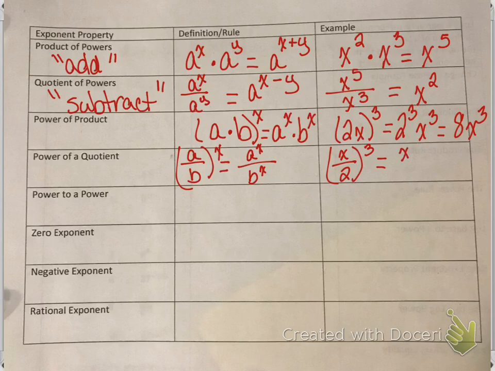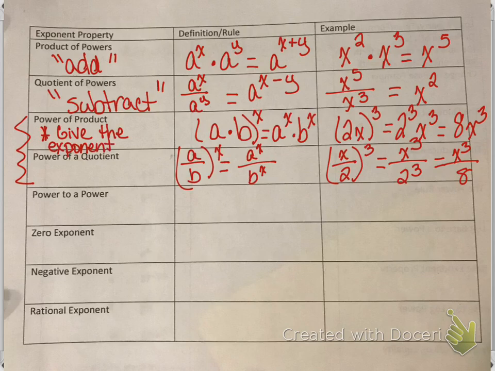So it should be x to the third over 2 to the third, which is x to the third over 8. So both of these right here, power of a product, power of a quotient, you give the exponent to everything inside the parentheses.